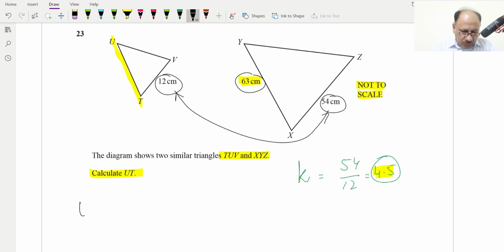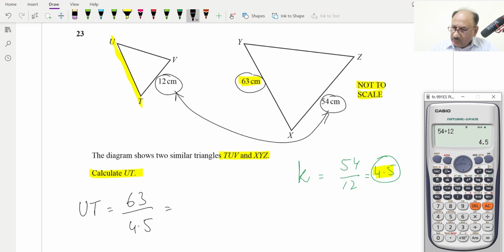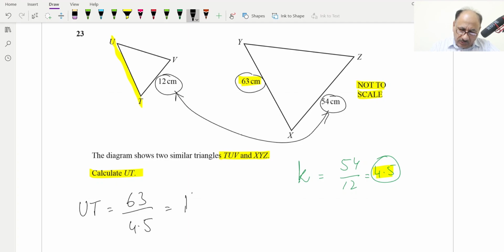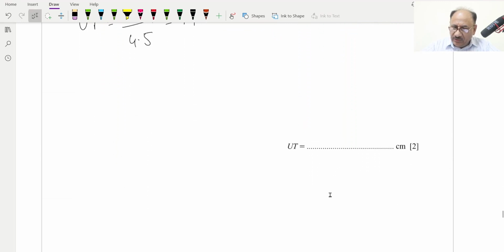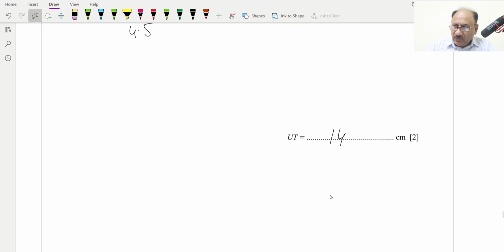So UT will be equal to 63 divided by 4.5, and this will be equal to what? 63 divided by 4.5 is equal to 14. So our answer will be 14 centimeters. 14 centimeters will be our final answer over here.